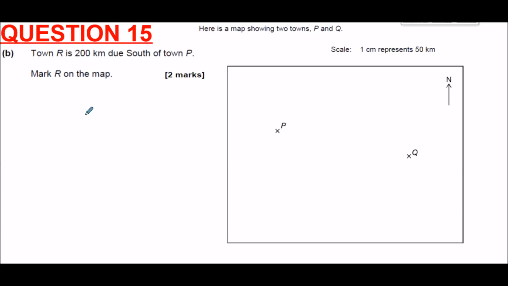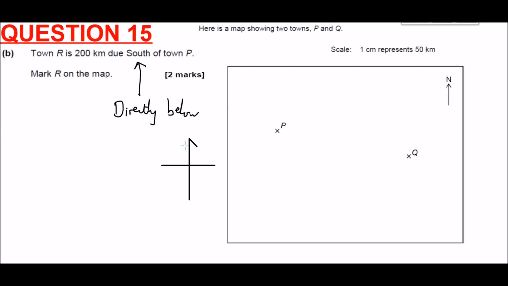Now part B, we're told that town R is 200 kilometres due south of town P. Due south means directly below. Remember, with a compass, I'll just draw a very quick compass here.